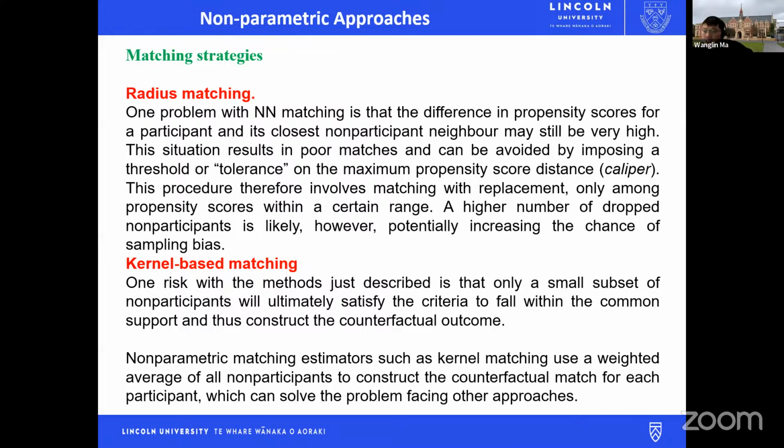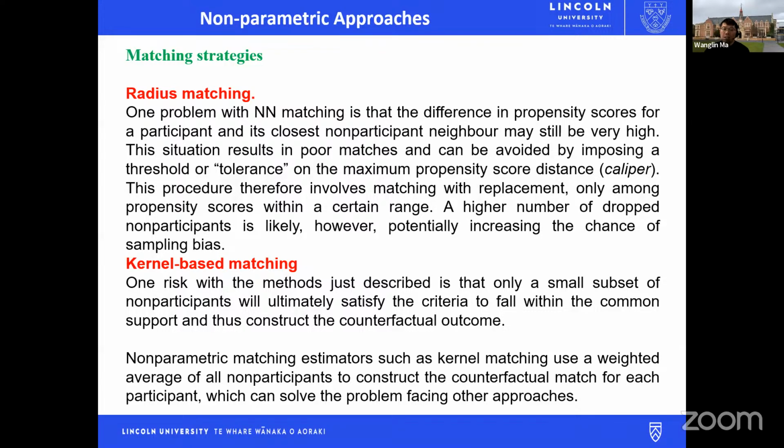This procedure therefore involves matching with replacement only among propensity scores within a certain range. A higher number of dropped non-participants is likely, however, potentially increasing the chance of sampling bias.